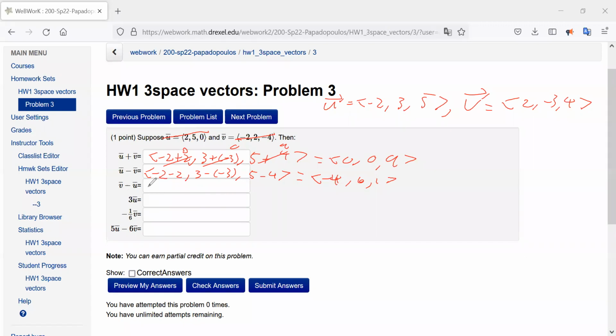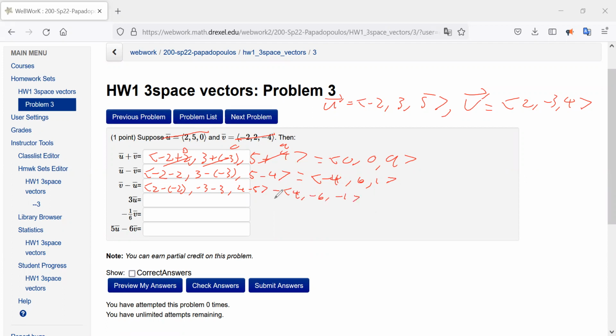Now we'll have 2 minus negative 2, negative 3 minus 3, and 4 minus 5, which is going to be equal to positive 4, negative 6, negative 1.